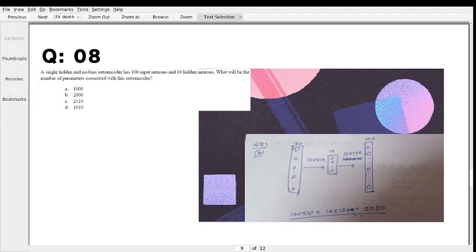So between them how many parameters will be there? 100 into 10. Then from hidden layer to outer layer, it will be 10 into 100. So 100 into 10 plus 10 into 100 is equal to 2000, so option B.